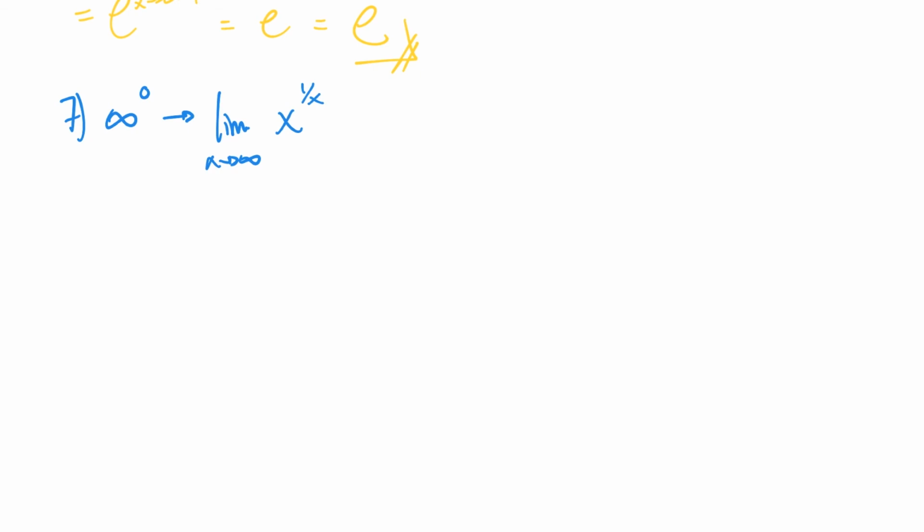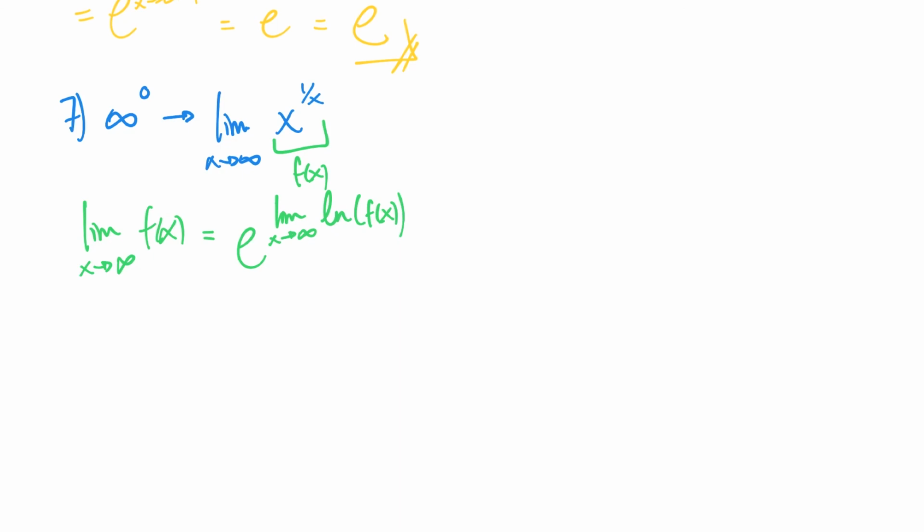But remember, the setup will be the same. This will be f of x. We want to rewrite the limit as x approaches infinity of f of x. And the only way to do so, in this case, is to write it as e to the limit as x approaches infinity of the logarithm of f of x, where we know that the logarithm of f of x is going to be 1 over x times the logarithm of x.